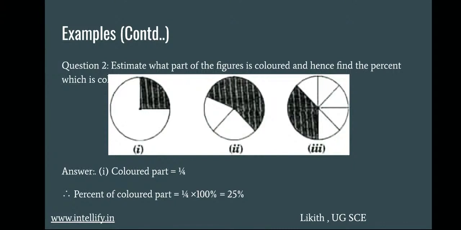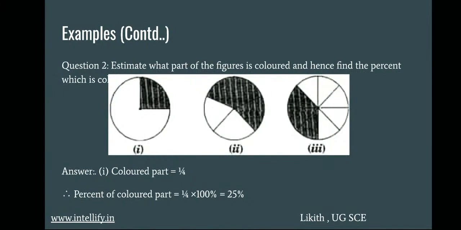The second question is, we have to estimate what part of the figure is colored and hence find its percentage. The first one, the circle, is divided into four equal parts, and only one part of the circle has been shaded, so it's 1 by 4.